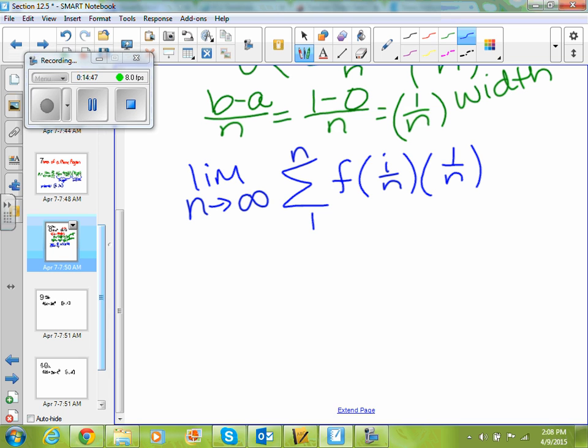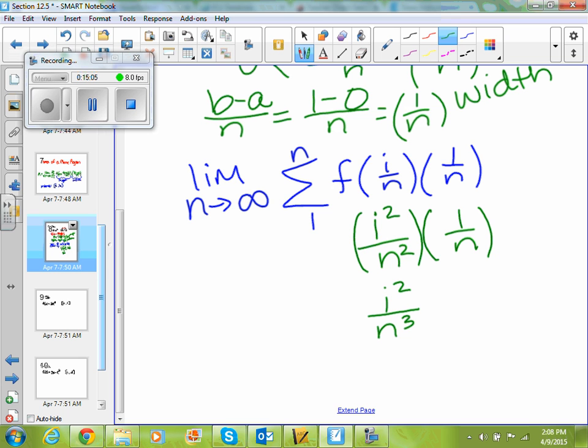Okay, and my function was x squared, so if I plug i over n into x squared, I get i squared over n squared. And I still have 1 over n. So if I multiply that out, I get i squared over n cubed.